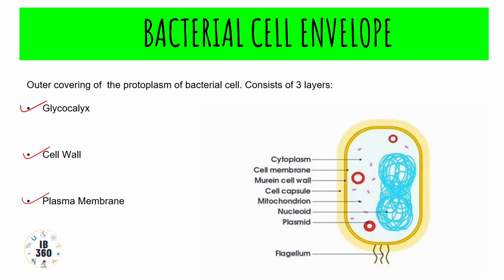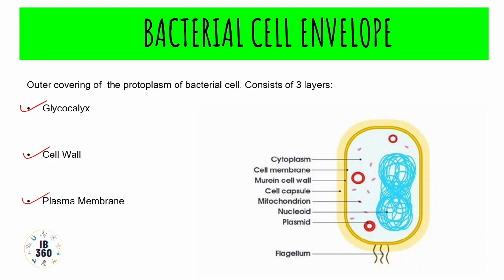It is not absolutely essential for survival of bacteria. It does jobs like prevention of desiccation, protection from toxic chemicals and drugs, then protection from viruses, from phagocytes, then attachment, then provides immunogenicity, also virulence, and also imparts a sticky character to the bacterial cell.